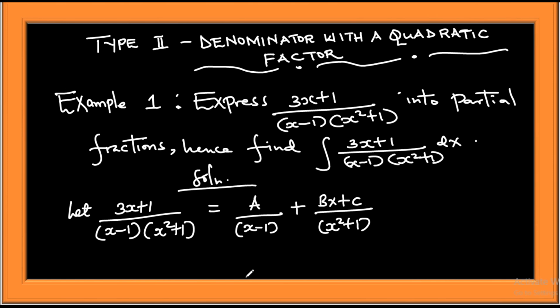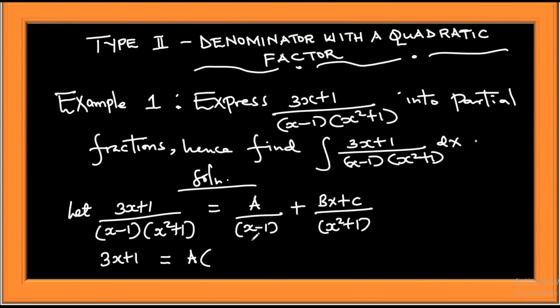Now, from this level, we still do the same mathematics we did in the previous tutorial. We look at the LCM of the right-hand side. When you look at it critically, it becomes the same as the denominator of the left-hand side, and therefore they cancel out. Meaning, we shall end up with 3x plus 1 is equal to A into brackets.